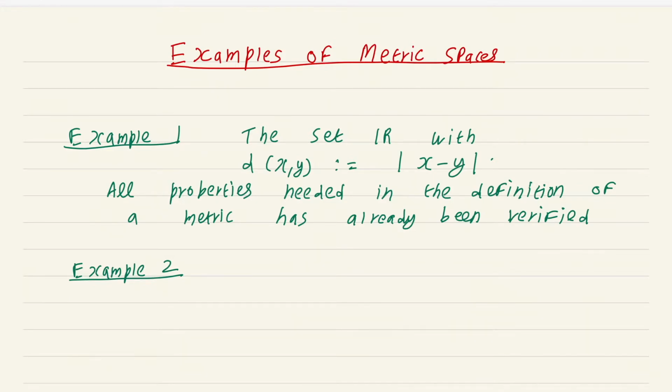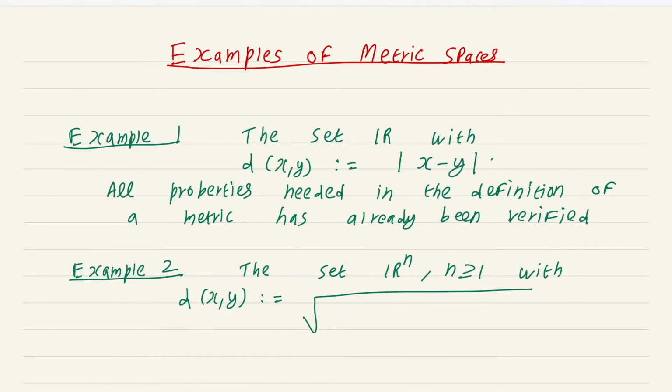This is the set Rn, n greater than or equal to 1, with d of xy defined to be the usual distance between 2 points in Rn, which is nothing but given by the formula under root summation i equals 1 to n xi minus yi the whole square.